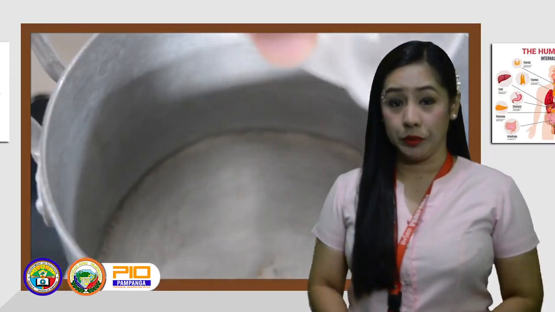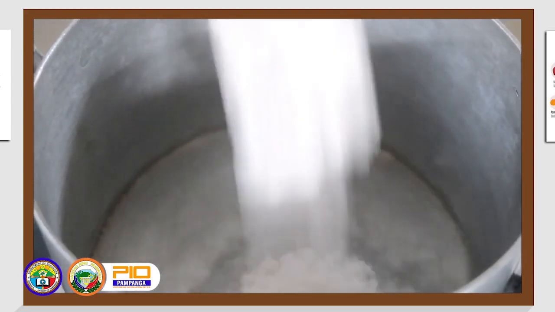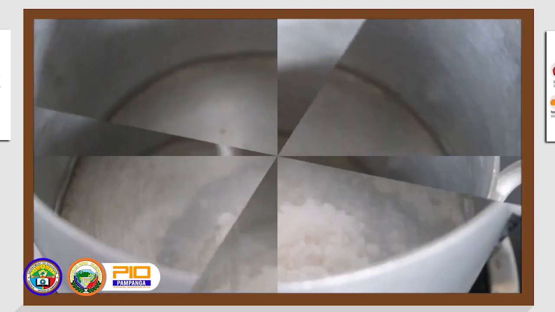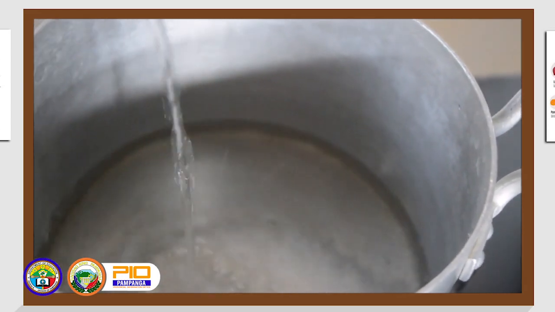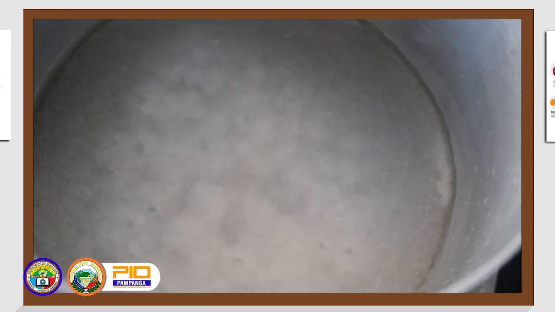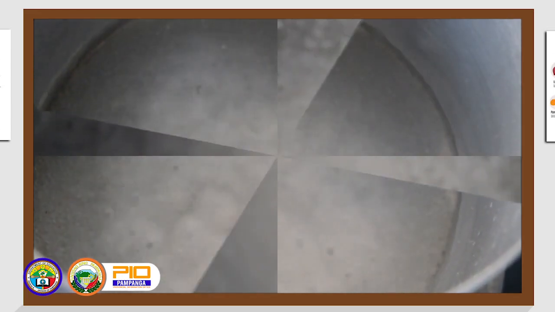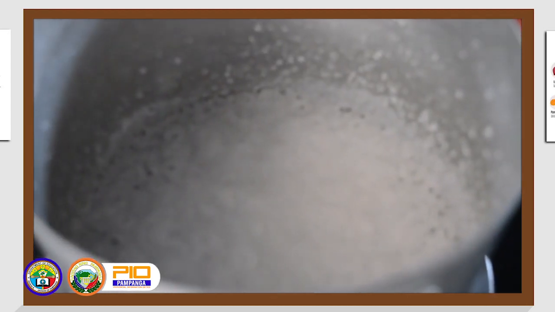Here's what you will do. Mix thoroughly salt in water in an aluminum pan. Put the mixture on a stove. Let it boil till the water disappears. Observe what happens. Look into the pan.